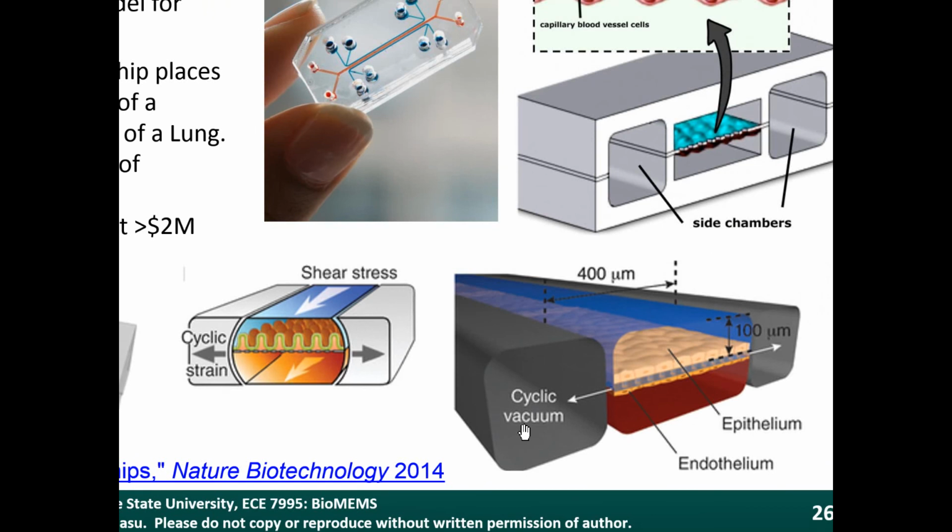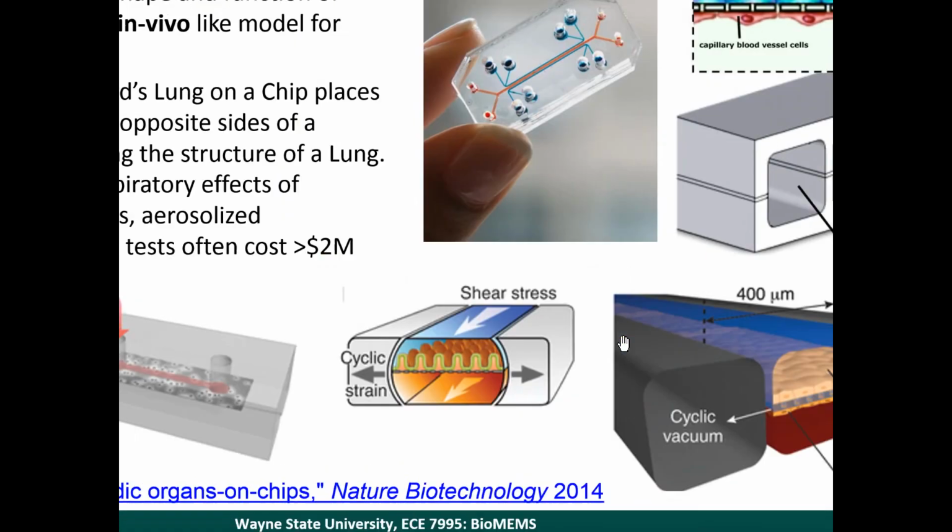The cyclic vacuum emulates the stretching and contraction of the lungs as breathing is happening. So this models the epithelium and the endothelium, blood vessel on this side, gas on the other side here. Okay, and this is being commercialized.